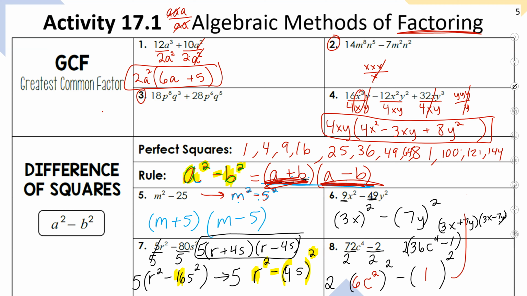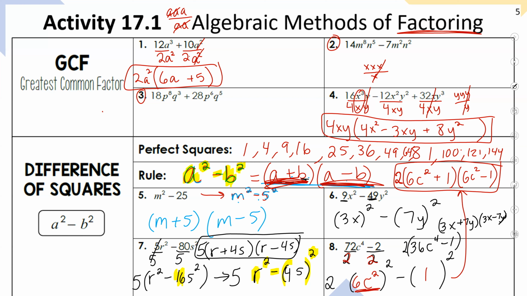I'm going to do it up here. So a is here. So that's a plus b, and then a minus b. So this is your answer for number 8. Oh, sorry, thank you. Put that 2 in front. We divided by 2 in the very beginning. Keep that 2 out there.